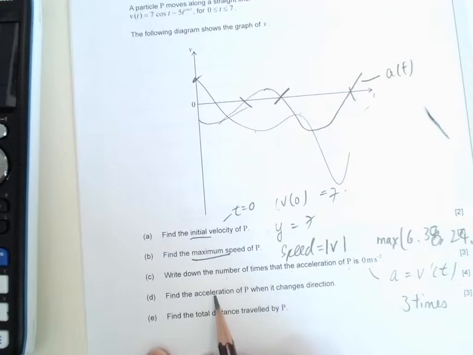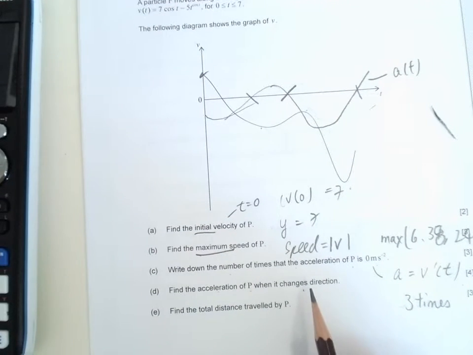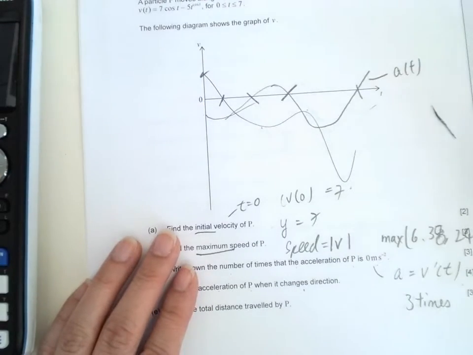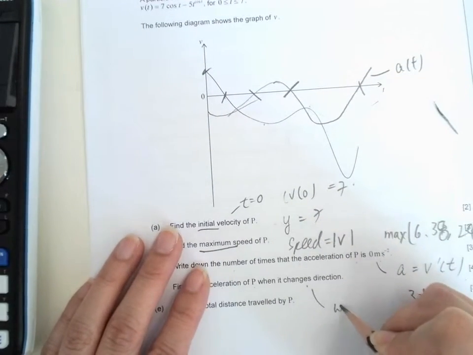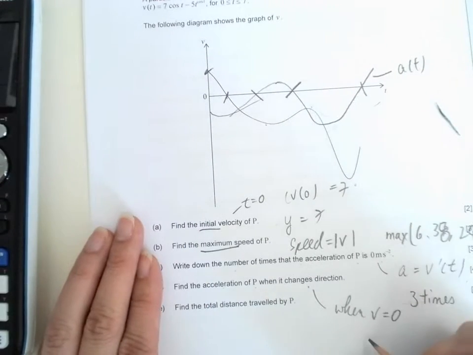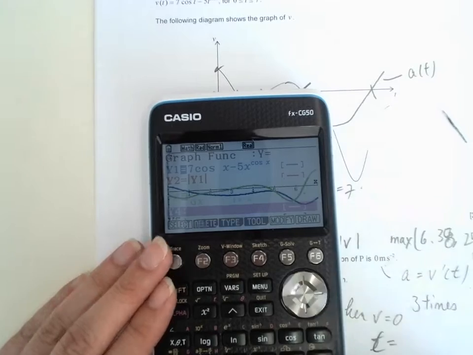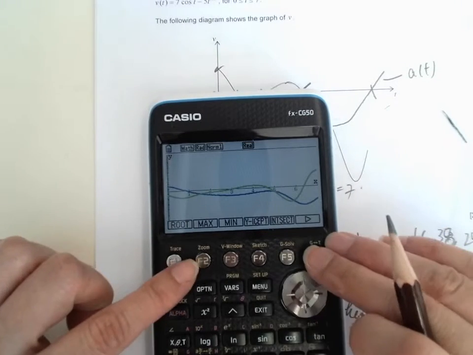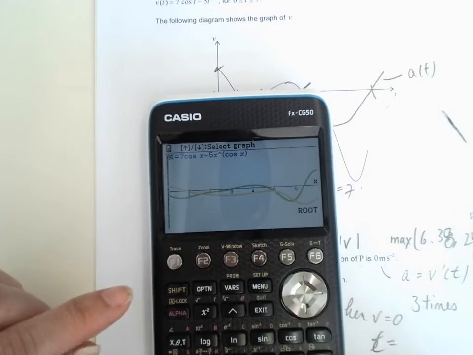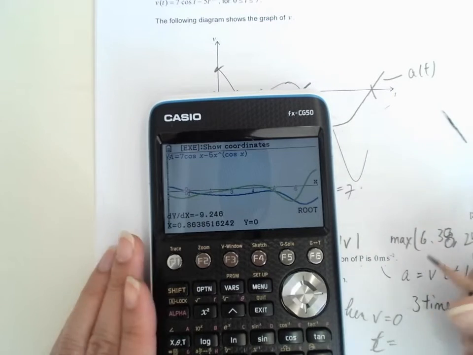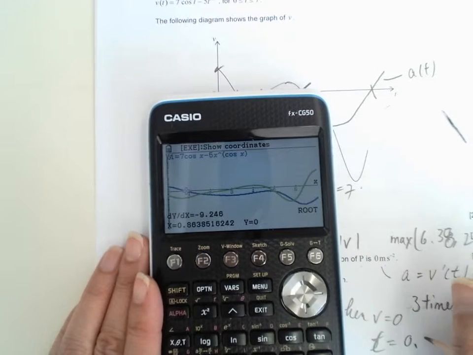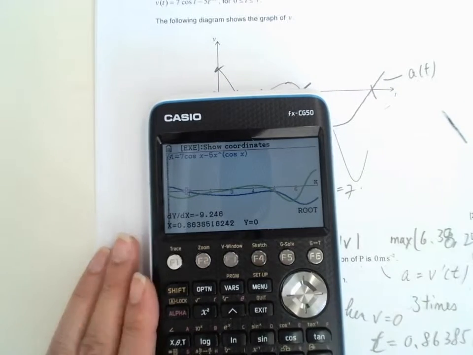And then find the acceleration of p when they change direction, which is when v equals 0. So when v equals 0, t should be, yeah, I'm really using the calculator. G-Solve, I want the root of the blue one, t will be equal to 0.86381, something like that.